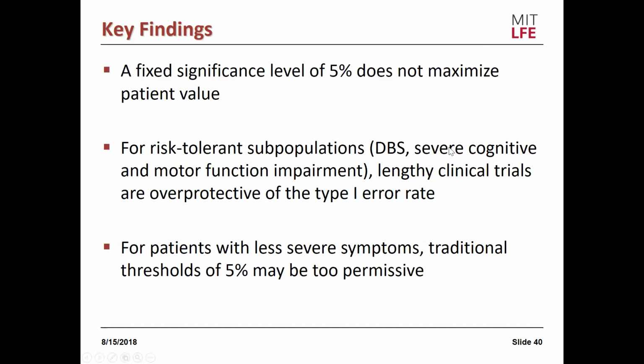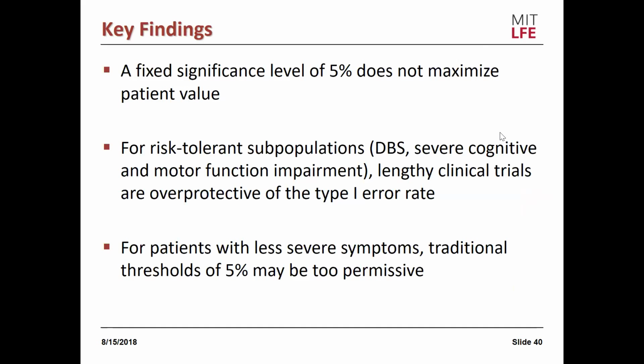So just to quickly summarize these key findings, a fixed significance level of 5% doesn't necessarily maximize patient value. Specifically, for our more risk-tolerant patients, such as patients with more severe symptoms, value ends up being lost due to lengthy clinical trials that are too conservative and overprotective of the type 1 error rate.